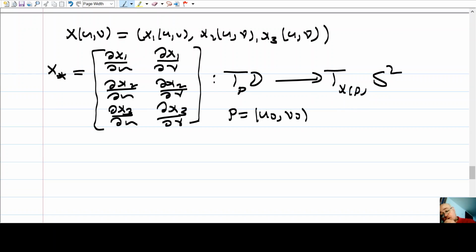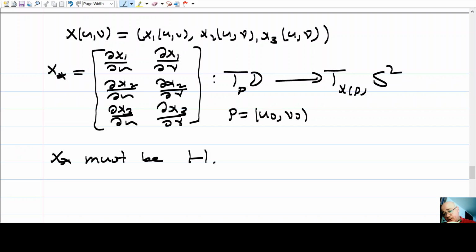So this map must be one-to-one. This means the rank of this matrix should be 2. Well, it has 2 columns, therefore rank 2 is equal to saying that the columns are linearly independent.